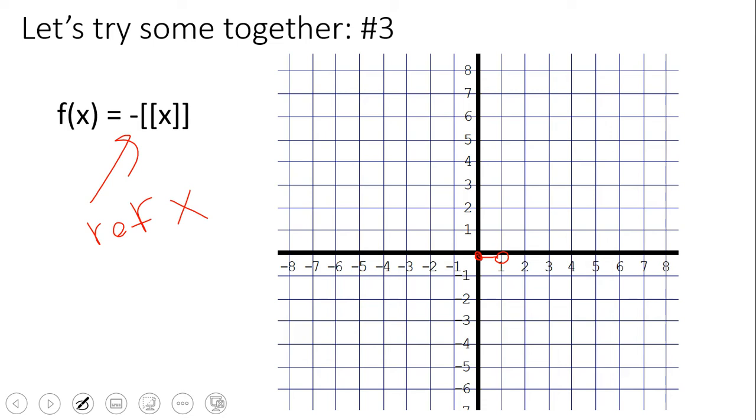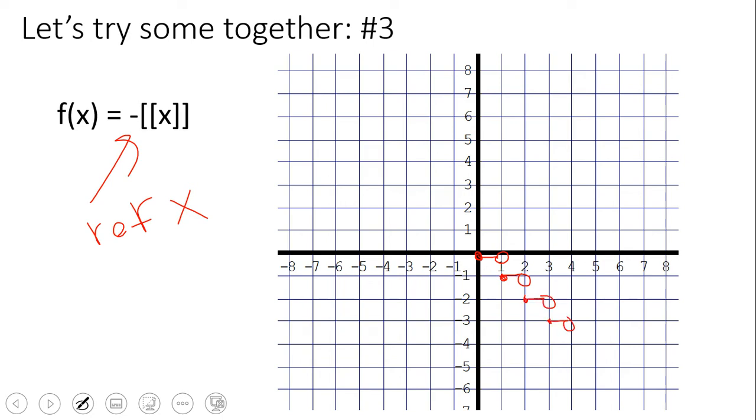Then again, try to envision what else is happening. Normally there would be a step above it. Instead of the step being above it at 1, it's now going to reflect down. So there is going to be a step here. Sorry, again, it's hard for me to draw open circles and closed circles on this. Here would be another step.